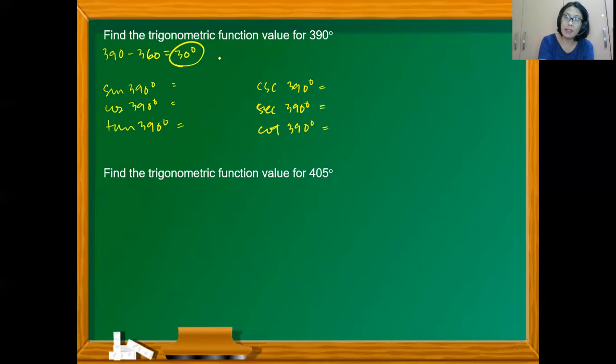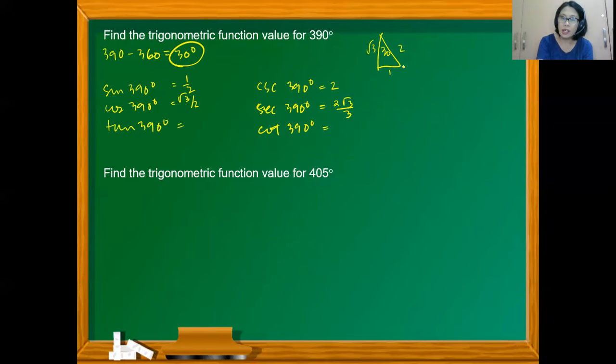Same with 30 degrees. So again, this is your 30 degrees. This is 1, 2, and this is square root of 3. So sine 30 is opposite over hypotenuse. So this is 1 half. So this is 2. And then cosine is adjacent over hypotenuse. This is square root of 3 over 2. While this is 2 square root of 3 over 3.